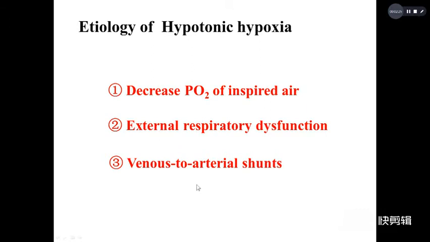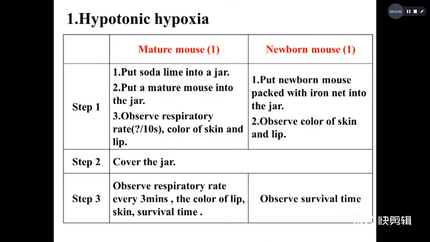So if venous to artery shunt, it leads to arterial blood oxygen content decrease and partial pressure of oxygen in arterial blood decrease. So supply of oxygen decreases and hypotonic hypoxia happens. Now it is etiology of hypotonic hypoxia.